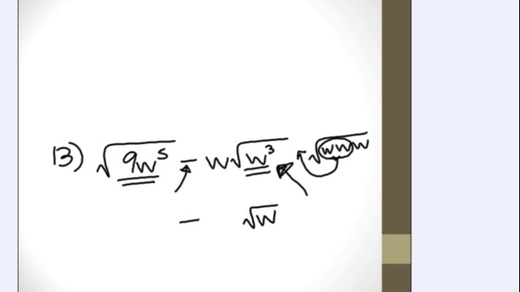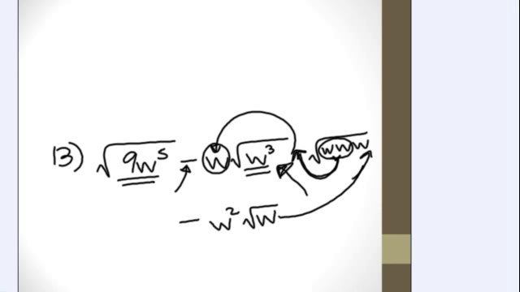Now, this w that I take out when I take the square root does need to be multiplied by this w in front. So w times w, we get w squared times that 3rd w left underneath the radical sign. Now what that tells me then with this one is I want to simplify it where I'm left with just a w underneath as well.